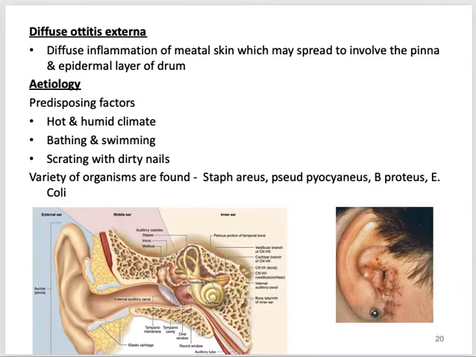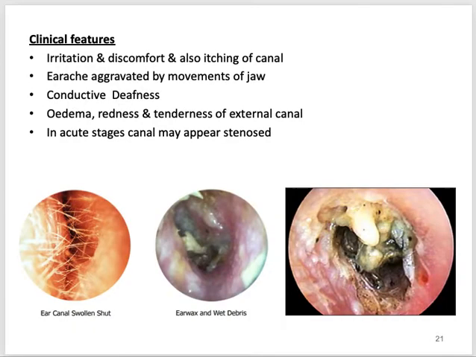You can see in patients the discharge is coming out. And when you examine them and move their pinna, it will be more and more painful. You can find enlarged lymph nodes in these patients.